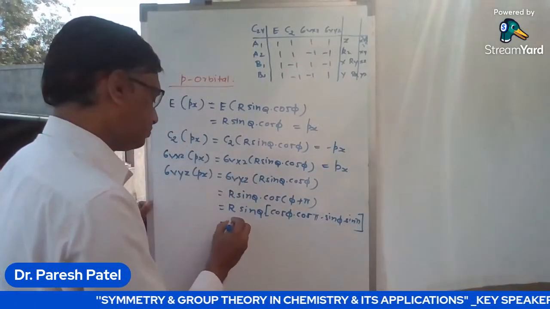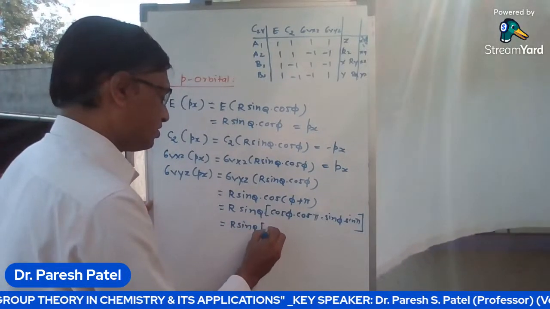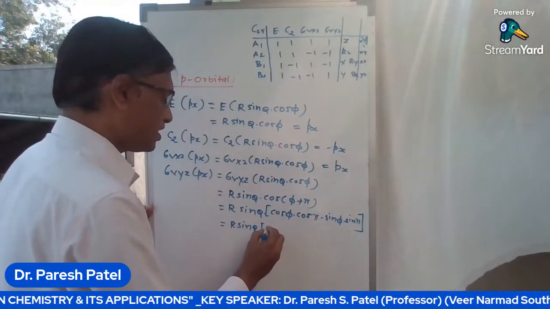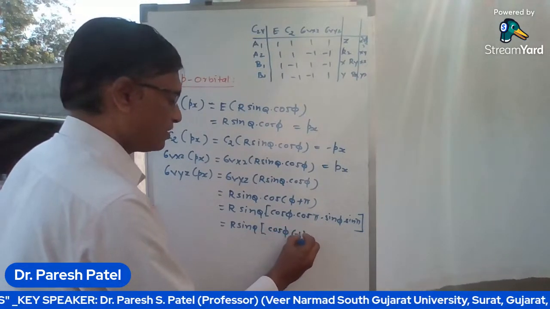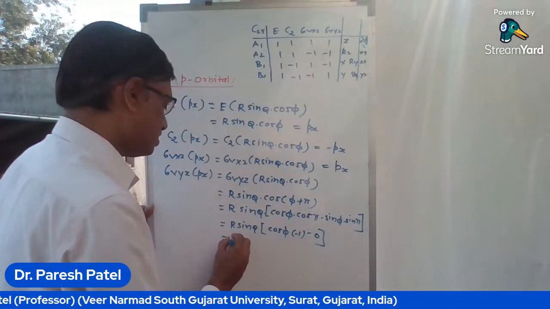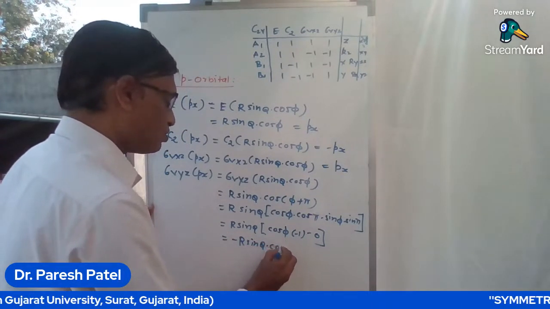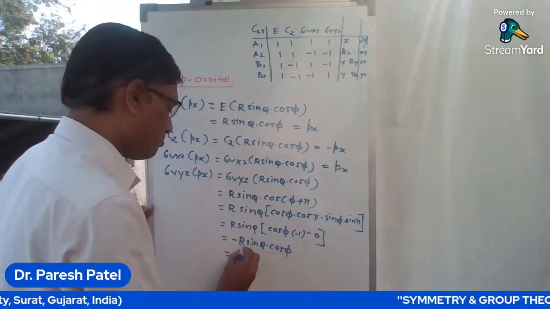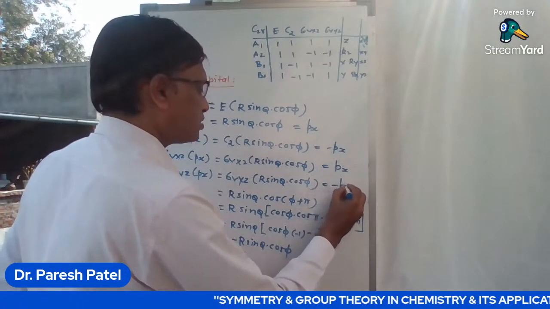The value for cos pi is equal to minus 1, and sin pi is equal to 0. So the overall result is minus r sin theta cos phi, which is equal to minus px. So the overall result is minus px.